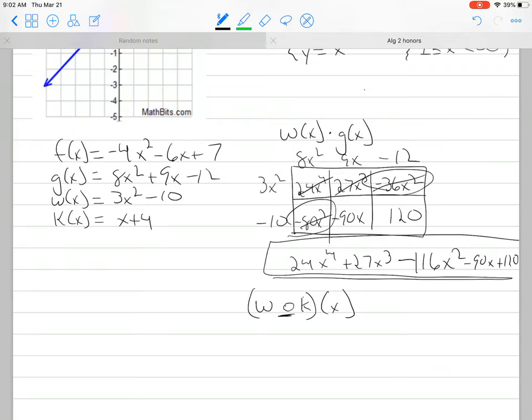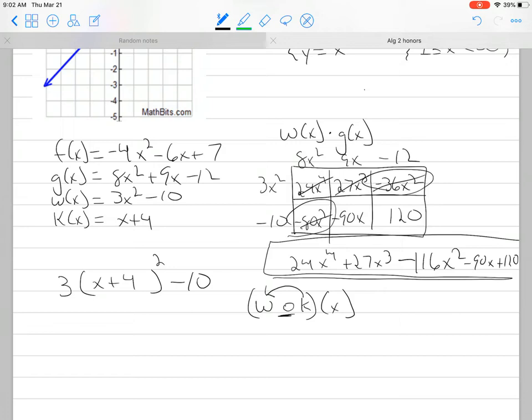This is where you're taking k and putting it into w. So I'm going to start off with w. W of x is 3, and in place of x, I'm going to put a blank, 3x squared minus 10. And I'm going to put the k inside of that. That's going to say x plus 4.